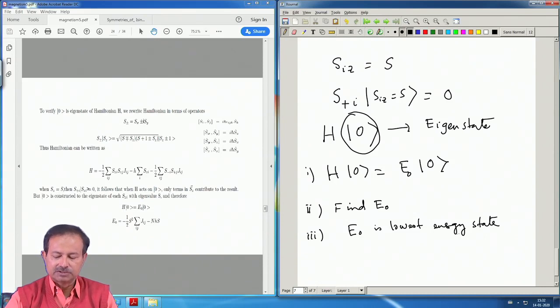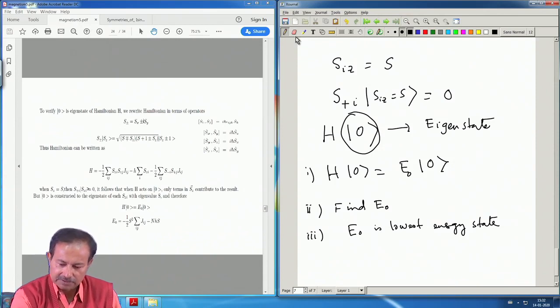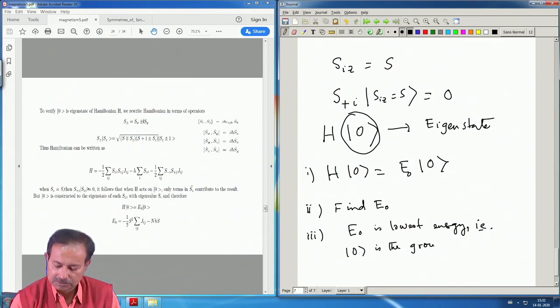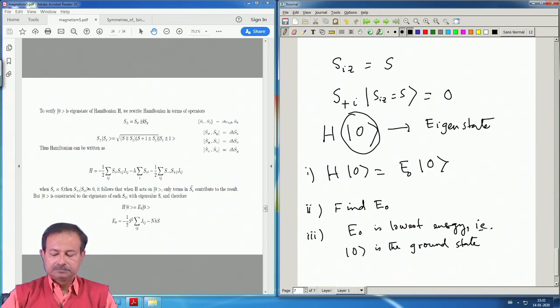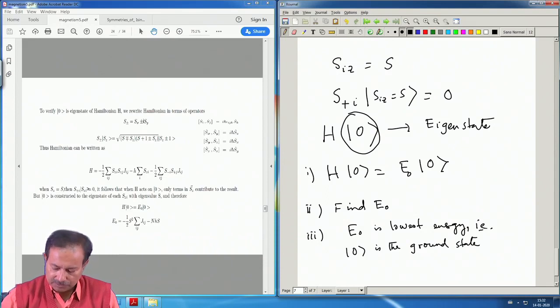So, E_0 is the lowest energy, and |0> is the ground state. No other state has lower energy. So, these are the 3 steps I am going to take.